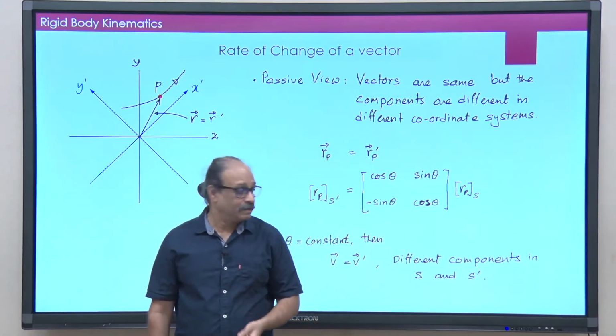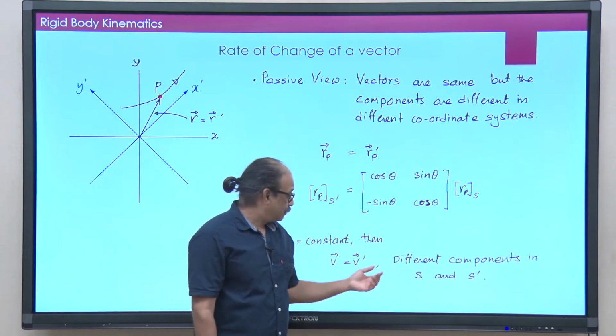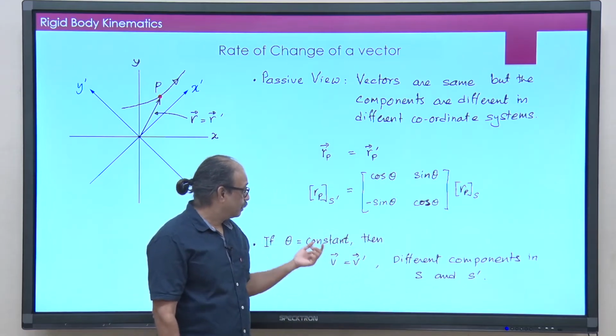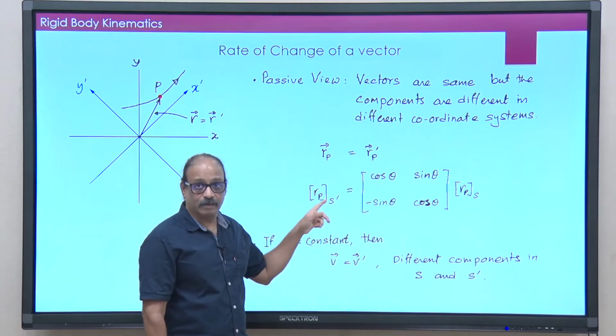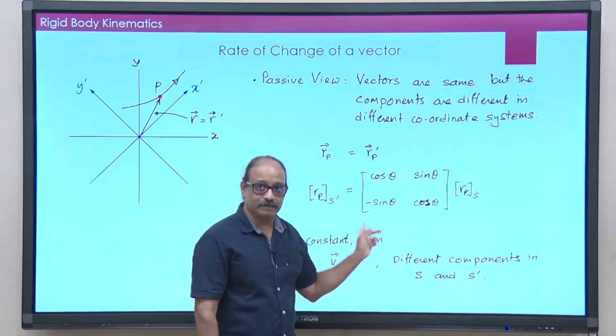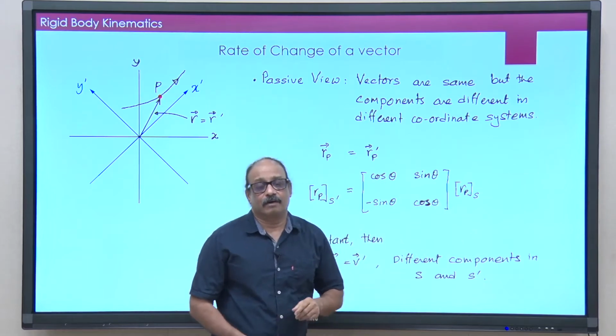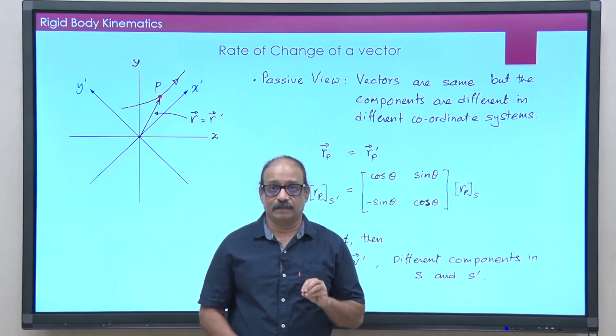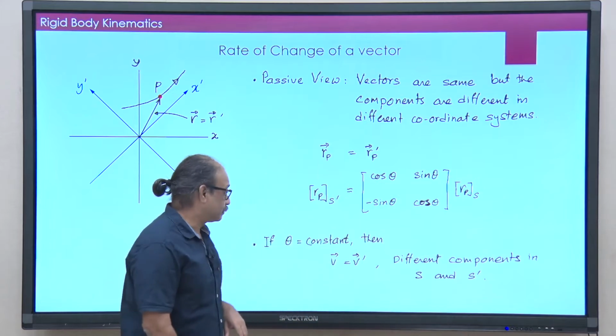Remember, it is a vector. So, basically the components of V prime in S prime will be equal to the same matrix multiplied by the components of the V vector as seen in S.